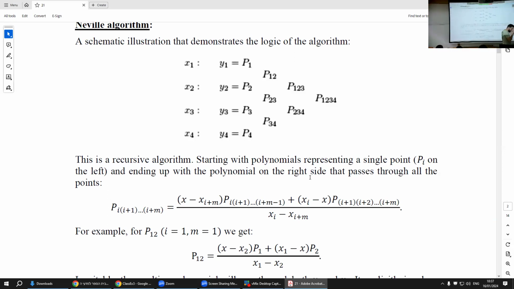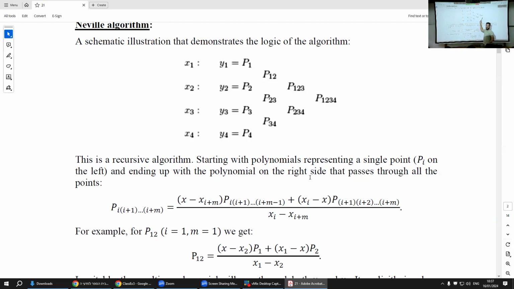So always we have the question at a given point: do I want to add more points from above or more points from below? Okay, and the question about points from below will be answered by the differences in this line.